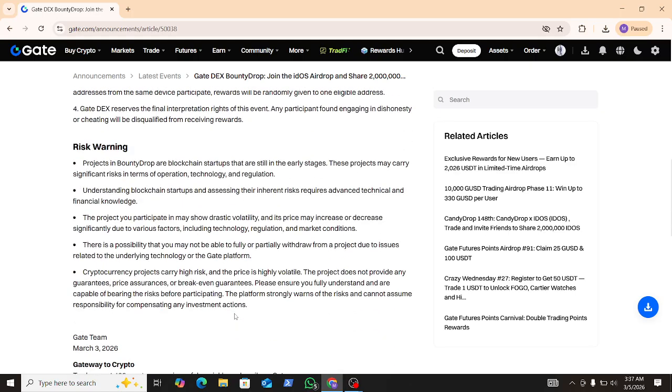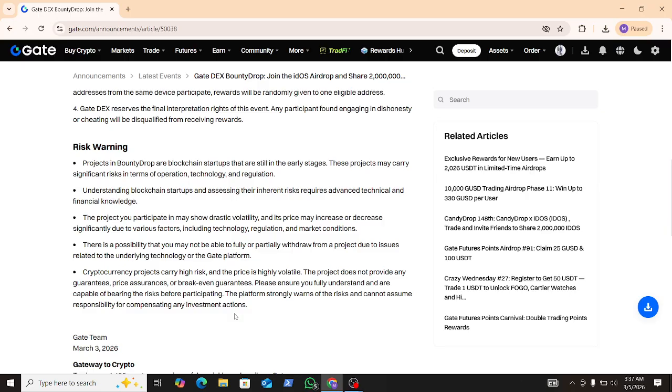Risk warning: projects in BountyDrop are blockchain startups that are still in the early stage. These projects may carry significant risk in terms of operations, technology, and regulations.